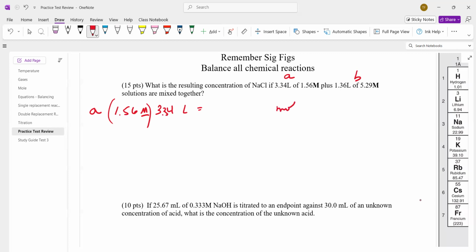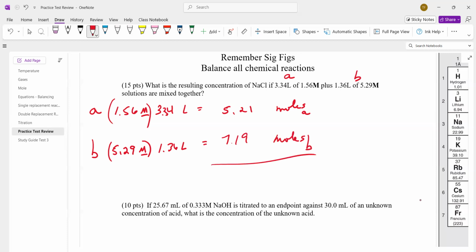That'll give us moles of A. Same thing with B. Okay, now we add them together because we're dumping them together.